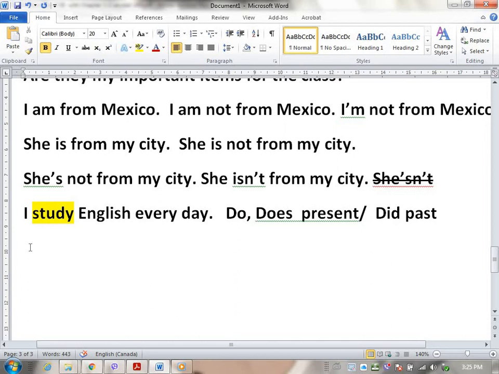For example, because this is in the present, I'm going to use do or does, one of them. Which one I use depends on the subject. If the subject is I, they, we, you, or a plural subject, then I'm going to use do.